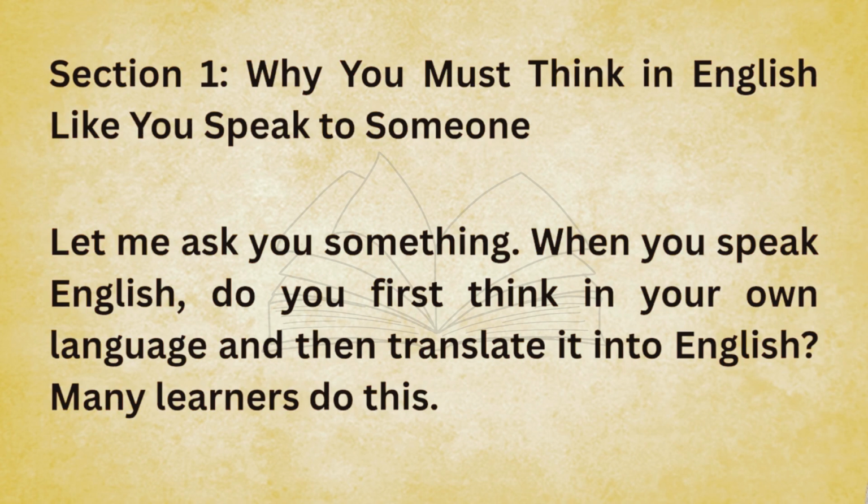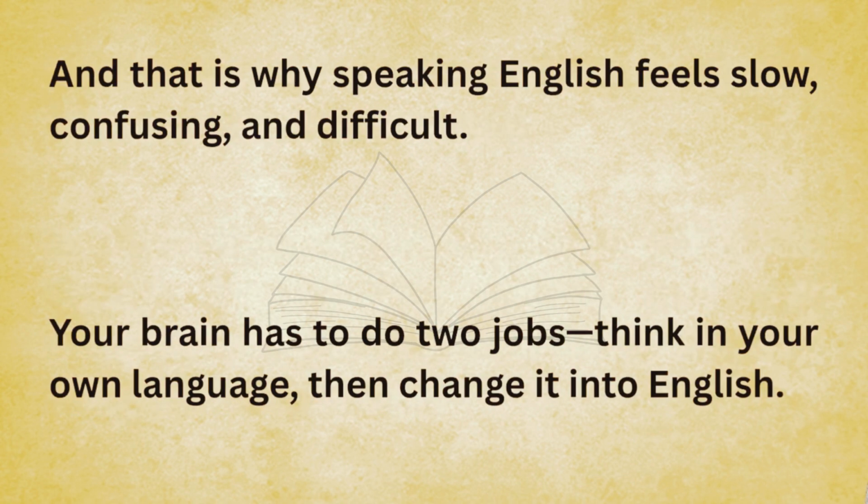Section 1. Why you must think in English like you speak to someone. Let me ask you something. When you speak English, do you first think in your own language and then translate it into English? Many learners do this. And that is why speaking English feels slow, confusing, and difficult.